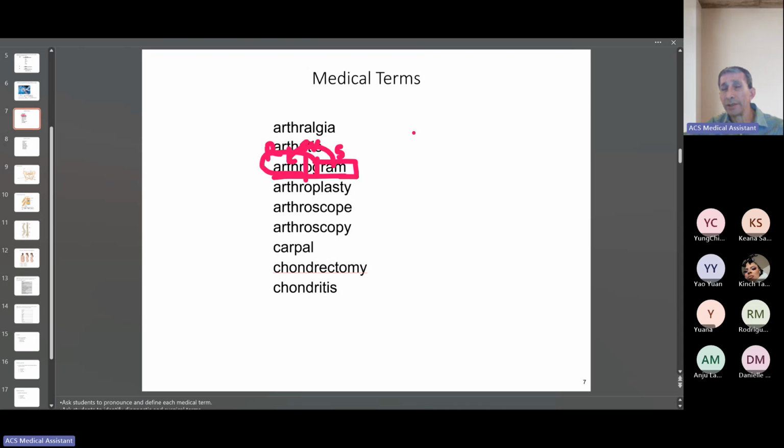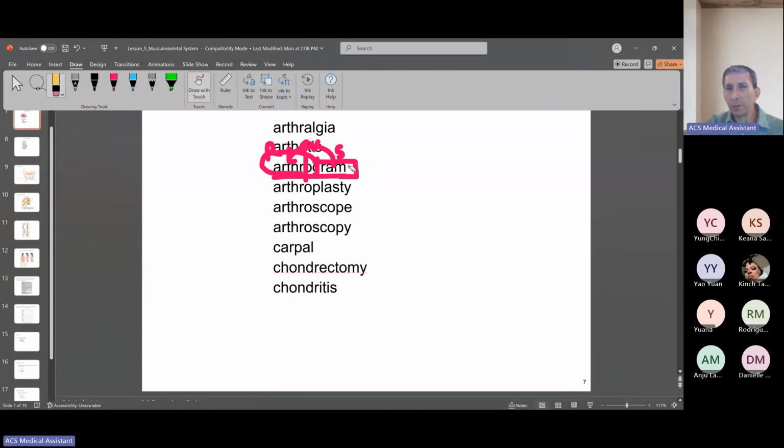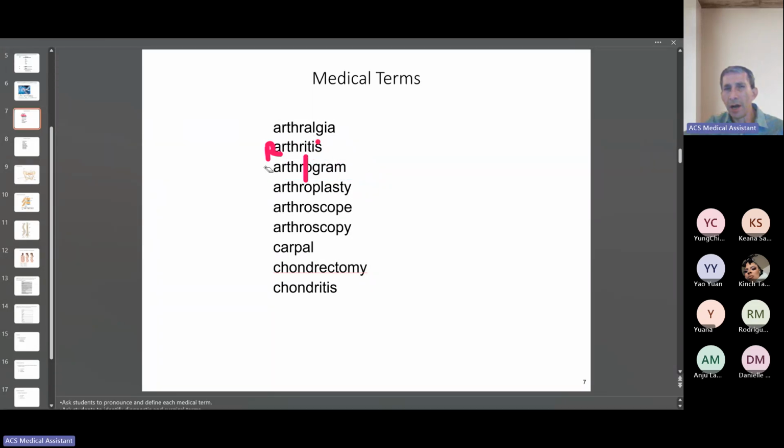This is recording the image of the joint because we're seeing it on a sonogram or ultrasound. We have a camera that we introduce into the joint, and we are visualizing it. But now we're going to print it out. We're going to record it, and we're going to see what it is.